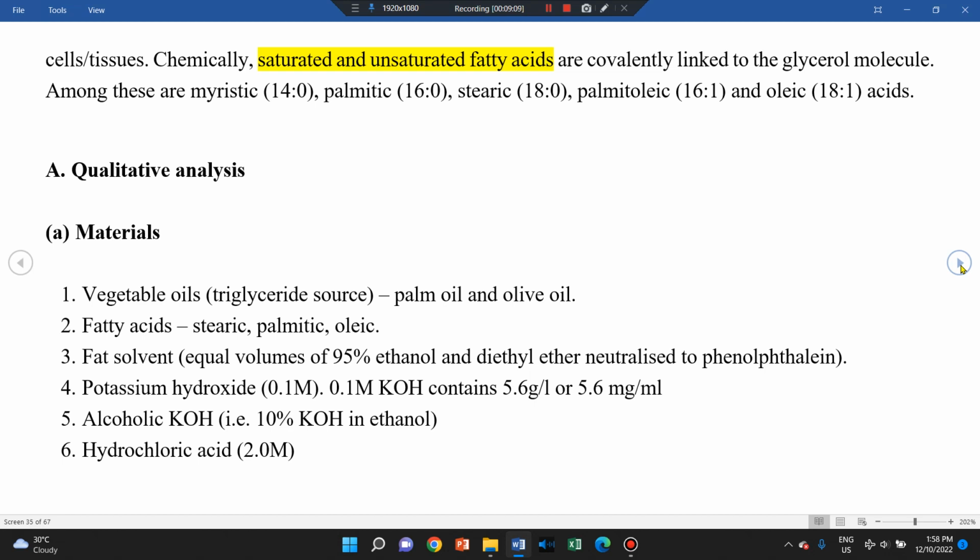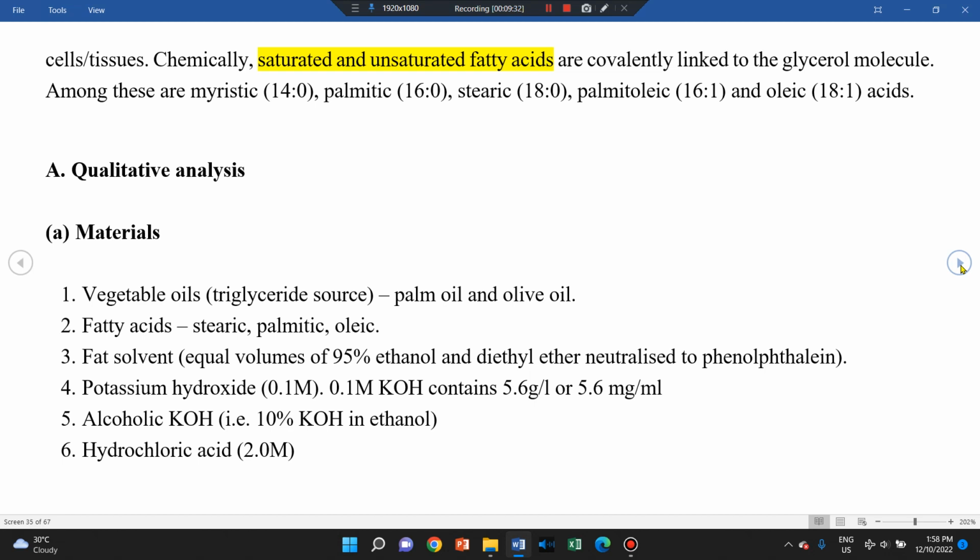Okay? And fat solvent, it says here, equal volume of 95% ethanol and ethyl ether, but actually, when we buy the ethanol, it comes in 95% ethanol, so you can say it's a ratio of one to one of ethanol and diethyl ether.